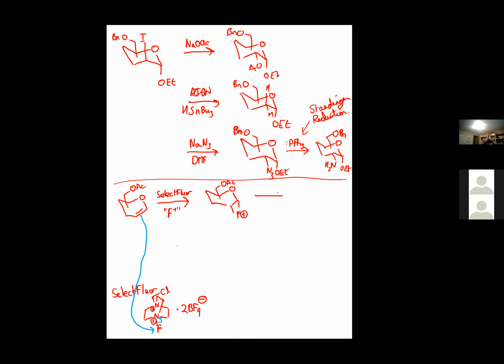So then when we bring in a nucleophile, like ethanol, or sugar more likely, we get a C2 fluorine.